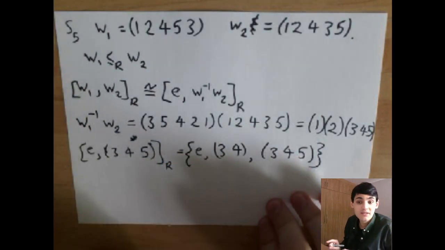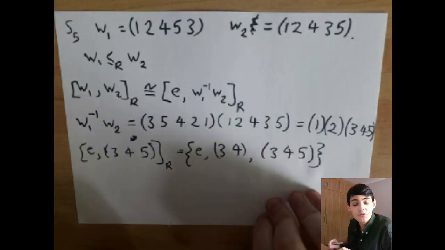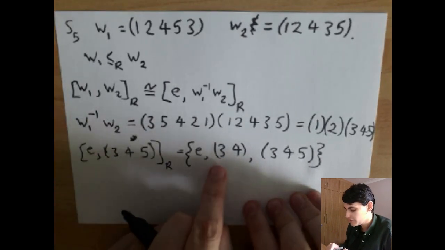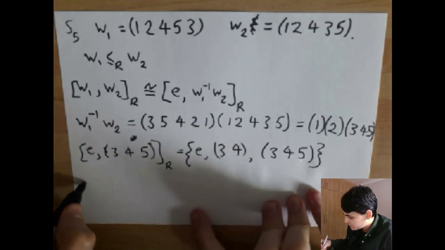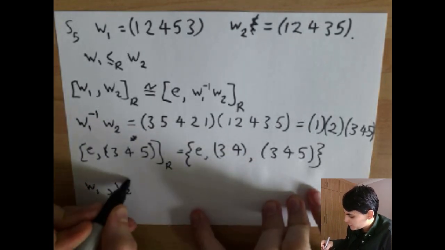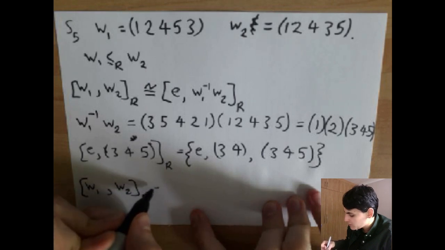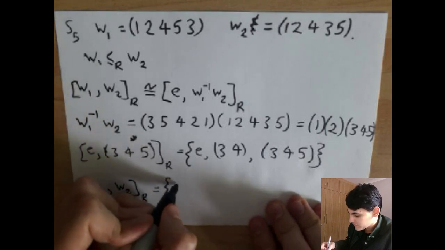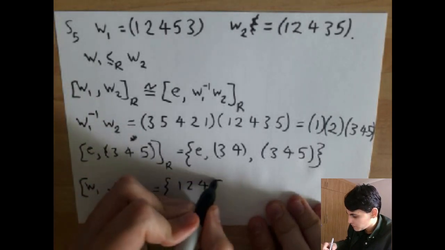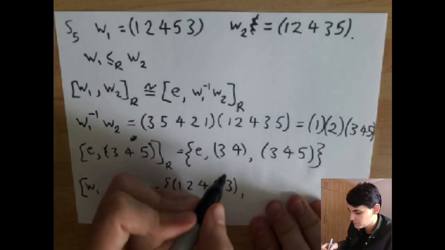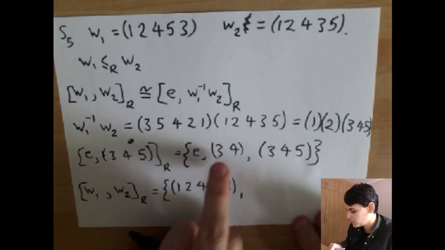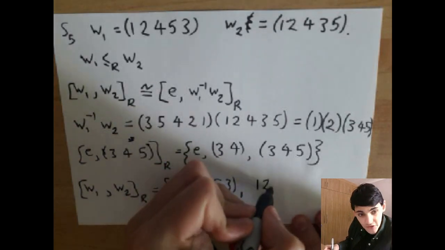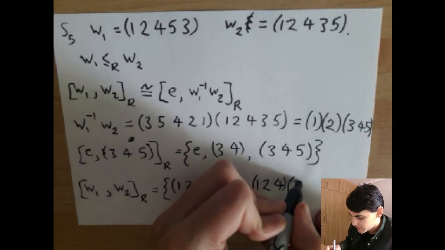Then here's the interesting thing. We can multiply now by W1 to find what the interval W1, W2 will be, and that is the following. 1, 2, 4, 5, 3, which we knew. W1 multiplied by 3, 4 gives us 1, 2, 4, 3, 5.